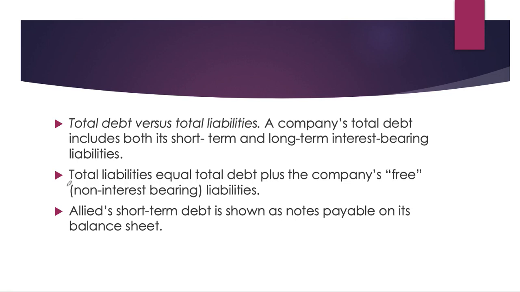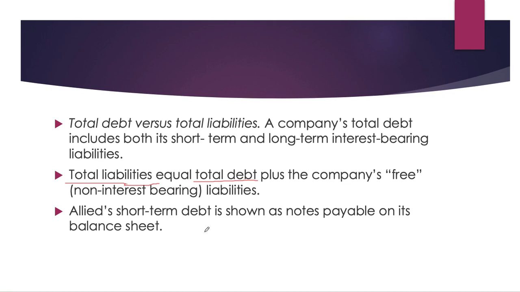So when we calculate the total liabilities, total debt will be included plus the free liabilities that don't bear any interest payments, because suppliers, for example, give us the raw materials and we pay them back after 1 month or after some time without interest. There is no interest charge for this type of liability.